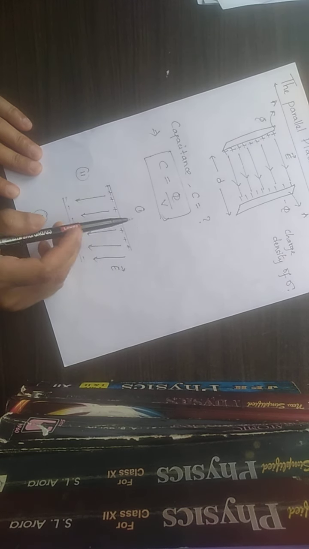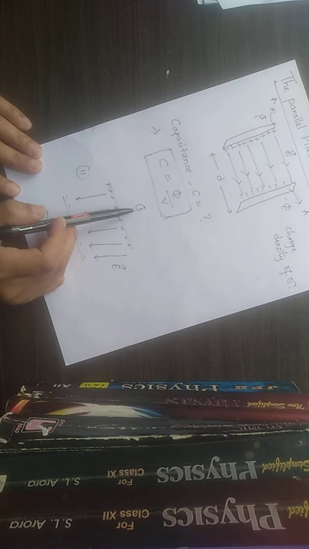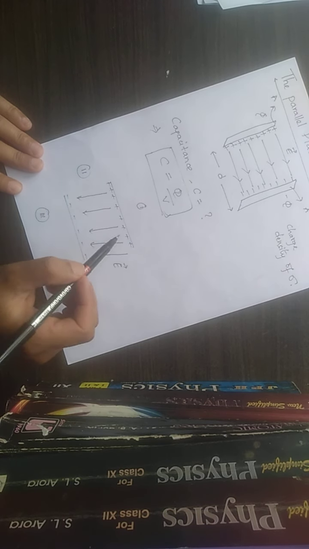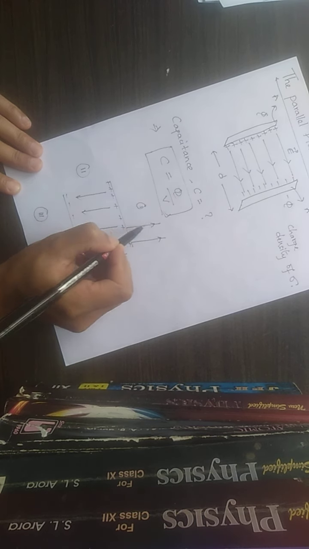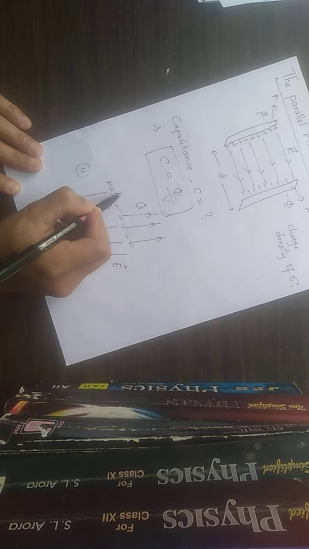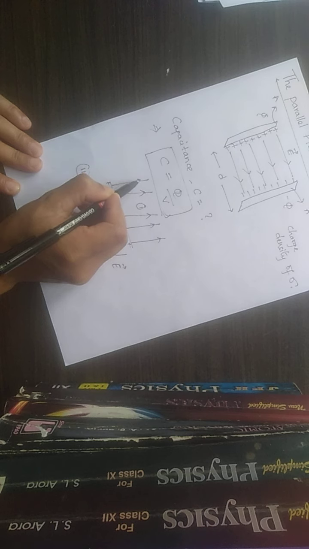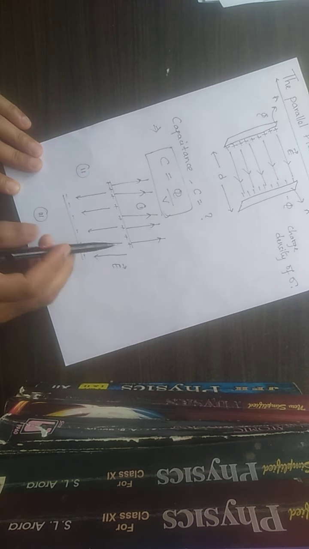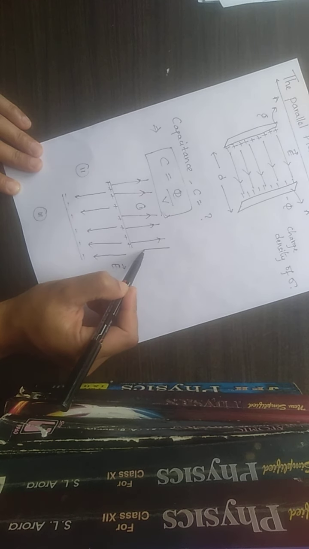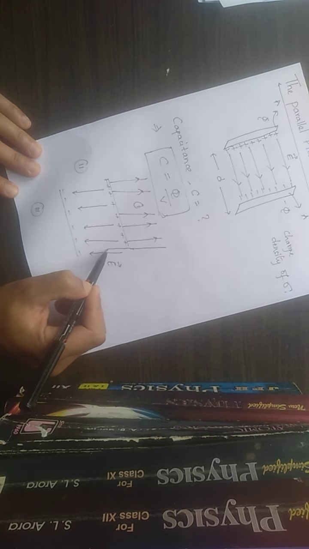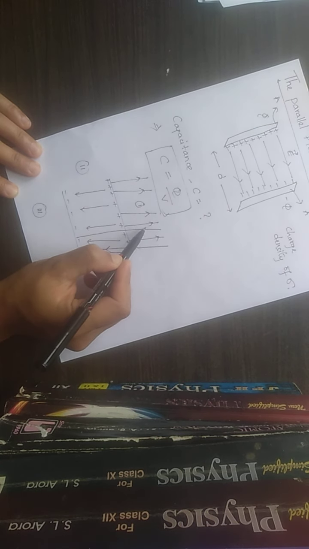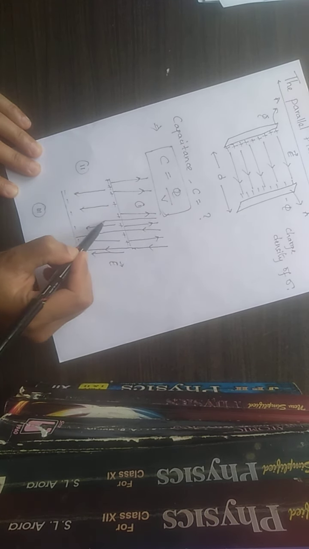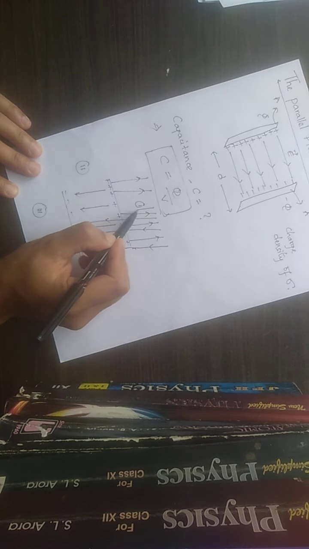Let us find the electric field at region one. Due to the positively charged plate, electric field lines go in this direction, and due to the negatively charged plate, electric field lines come towards the negatively charged plate, like this.